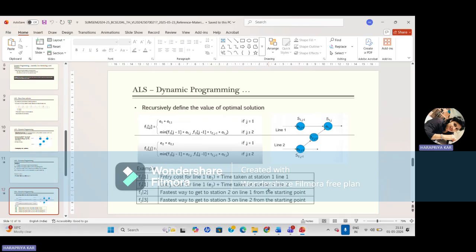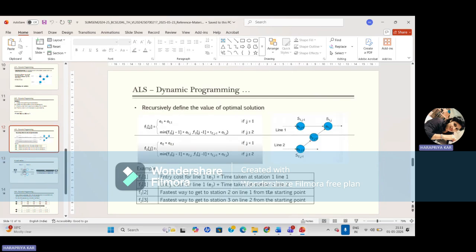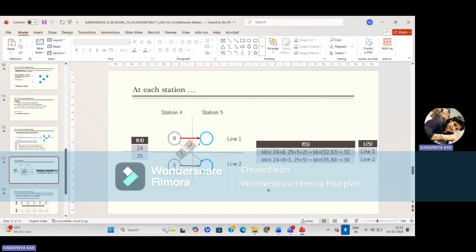Okay. So next, at each station you can see station 4, station 5 is there, f of 4. Then here line 1, line 2 is there. If we are solving this particular problem, you can easily solve it. Minimum of 24 plus 8, 25 plus 5 plus 2, that is 32, 32 equal to 32. Then minimum of 24 plus 8 plus 3, 25 plus 5.